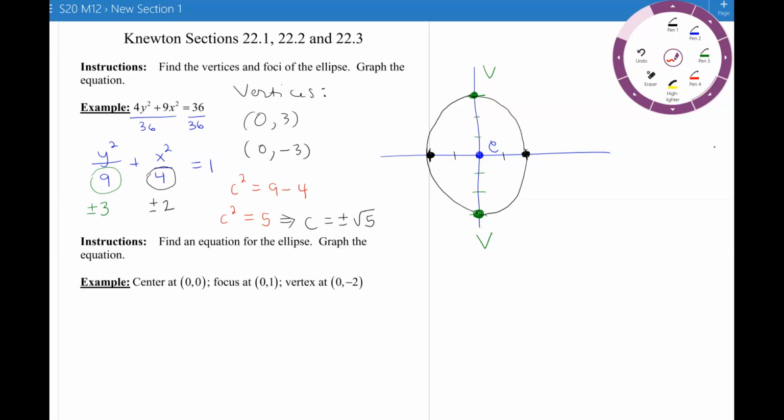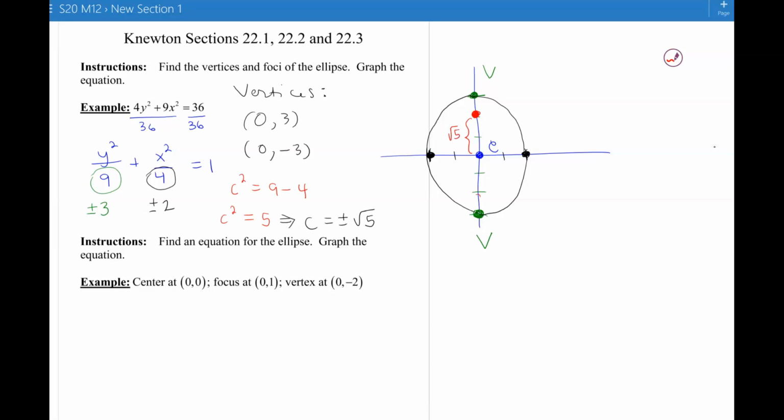And root 5 is a little more than 2. So I can put a dot here and say that's at root 5 in case you can't tell by looking at it, which I can't. So that helps us find the focus points. So we're going to be at (0, plus or minus root 5).